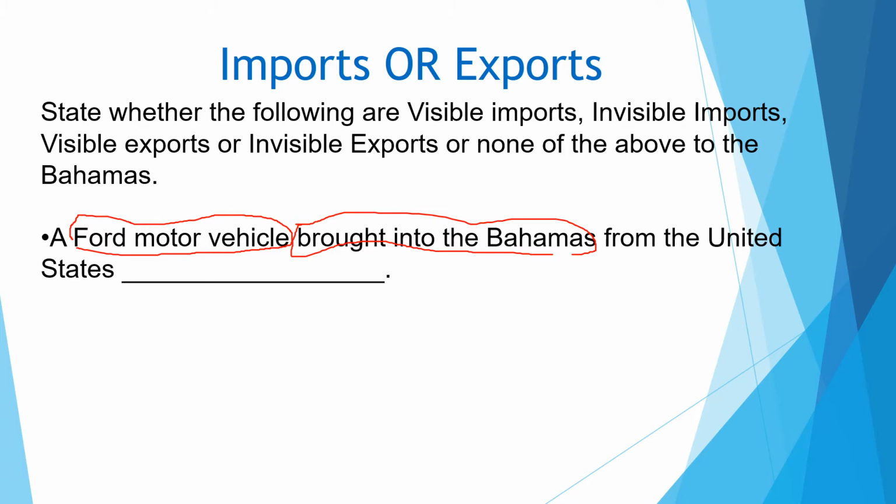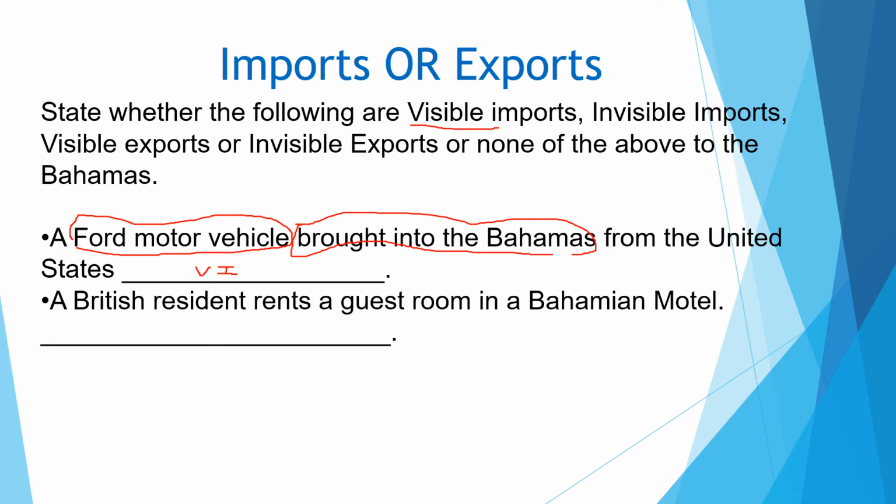Can you see or touch a motor vehicle? Yes, you can. Therefore, it is visible. So you're going to write VI, visible import. And visible import results in an outflow of money.